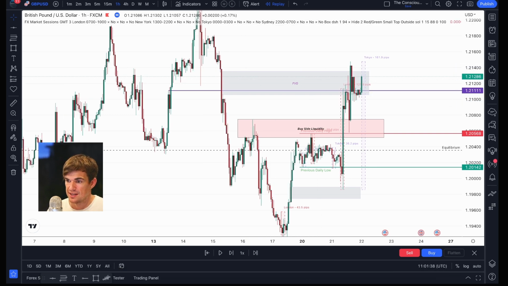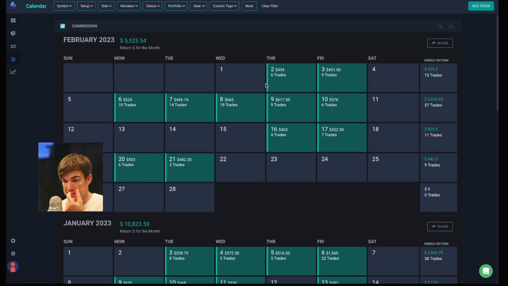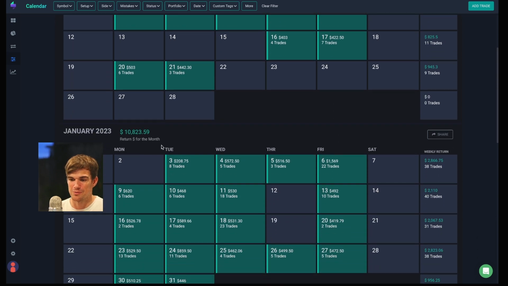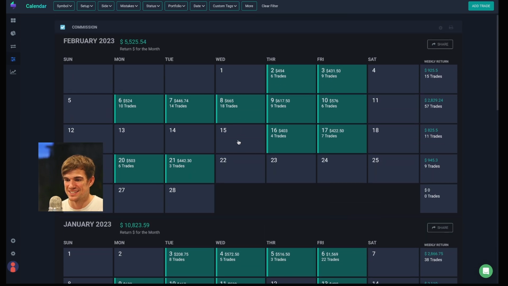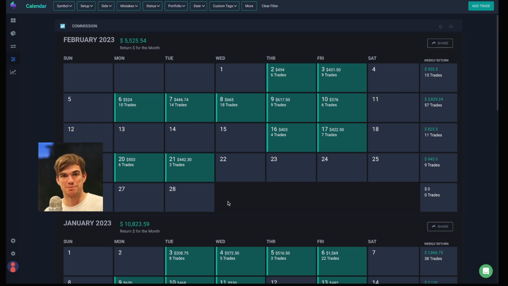And as you can see, we are still holding on to that green 2023, including the 22nd, which is going to be tomorrow. And we are running currently, without today's trade, on 5,525, a bit far away from our 10 grand, but I am taking it a bit easy because we have just moved to Bali and things are new.